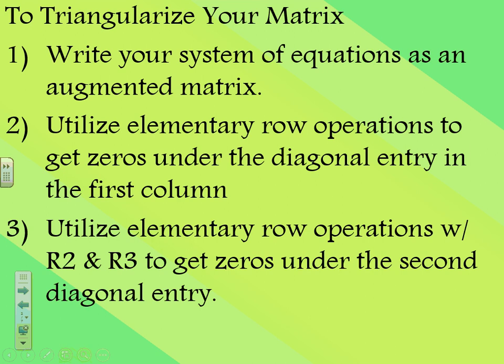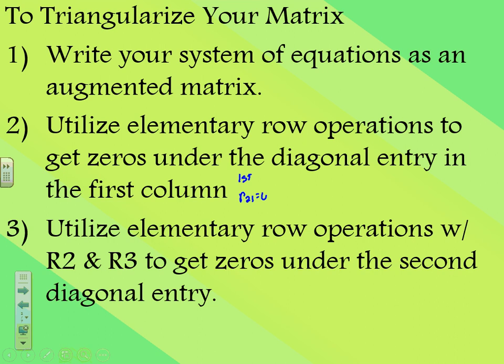Okay, so the very first thing you need to do is write your system of equations as an augmented matrix. We already saw an example of that where I made up a system and created an augmented matrix. The next thing it tells us to do is use some row operations so the numbers underneath the diagonal become zeros. The first number we're always going to be working with is whatever is in row 2, column 1.